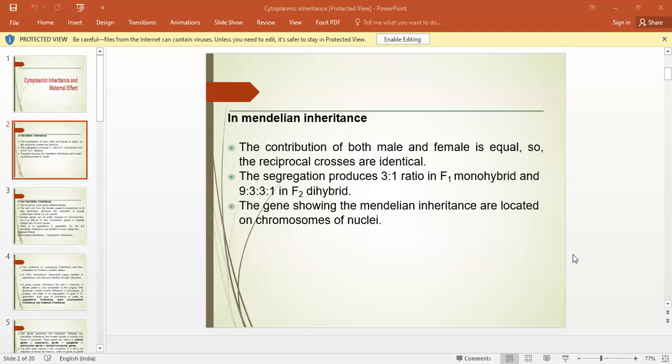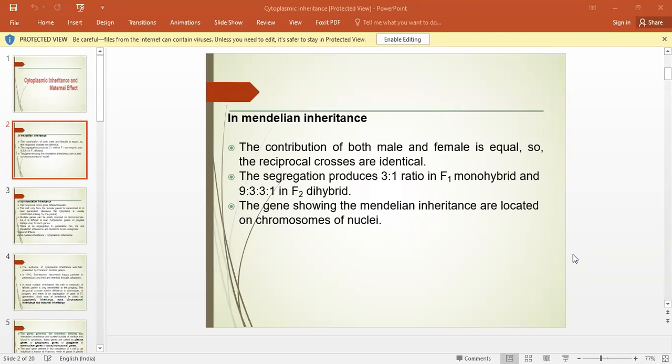And if we do the reciprocal cross in the Mendelian concept, as I told you in the last lecture, you will get the same offspring. Means there is no use of a reciprocal cross. Then this is the first thing.